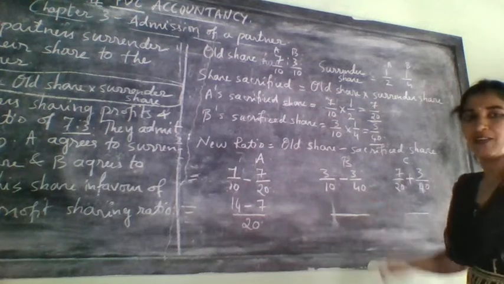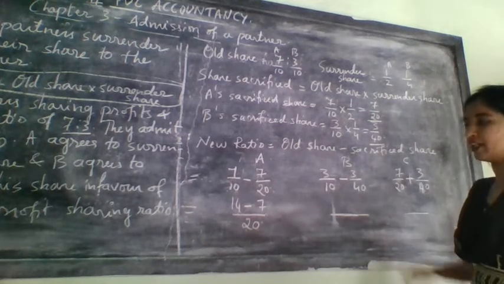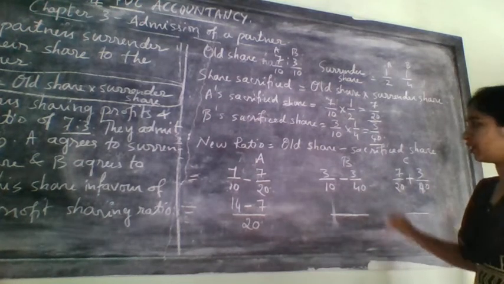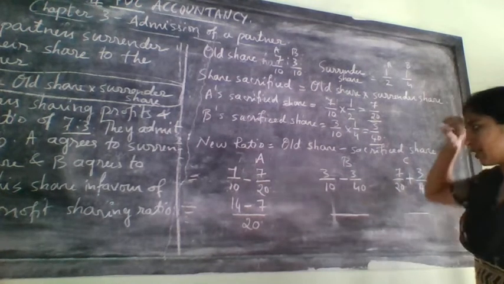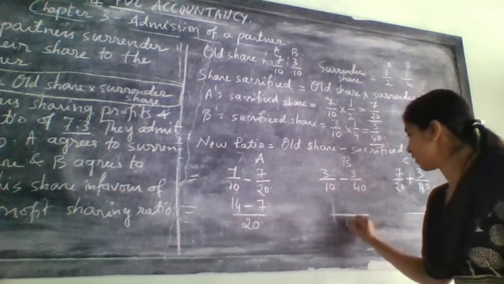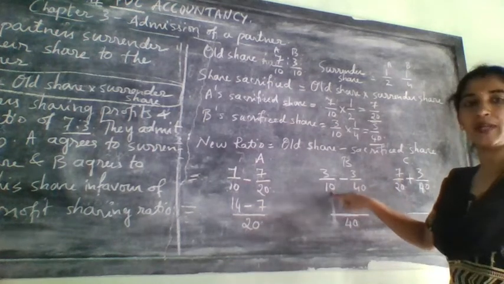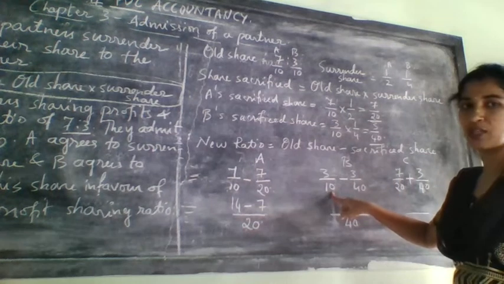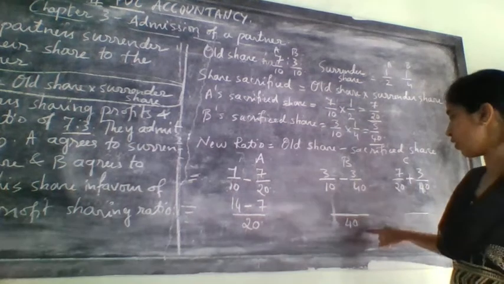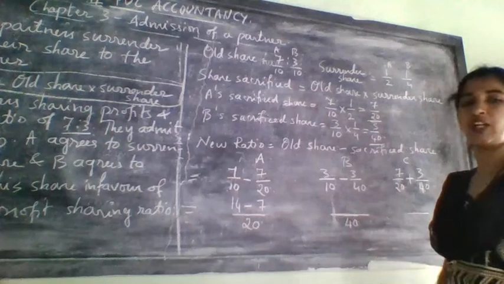Finally we need to convert all the denominators into a common denominator, and then we get the ratio. Now, which is the highest one? 40 is the highest, because 40 is divisible by 10: 10 ones are 10, 10 twos are 20, 10 threes are 30, and 10 fours are 40. So I am taking 40 here.